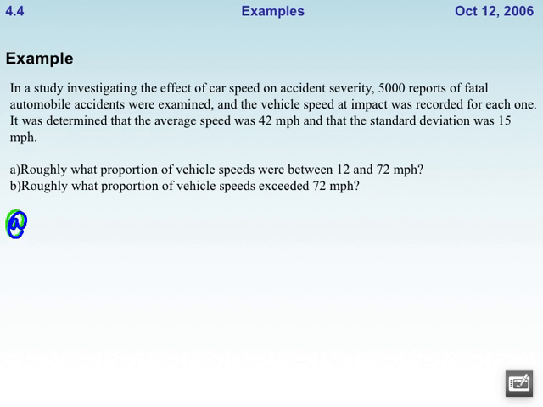So if the mean is 42, I'm going to do this in z-scores. If I take that 72 and subtract the mean of 42 and then divide by my standard deviation of 15, I get 2. The 12 is going to correspond to a z-score of negative 2. So the first thing he said is we're talking about 2 standard deviations away.